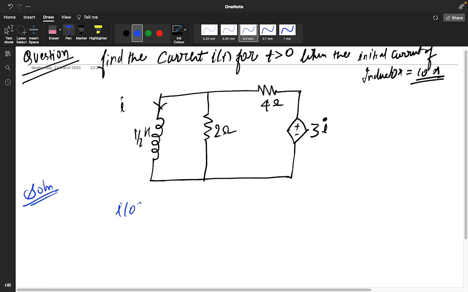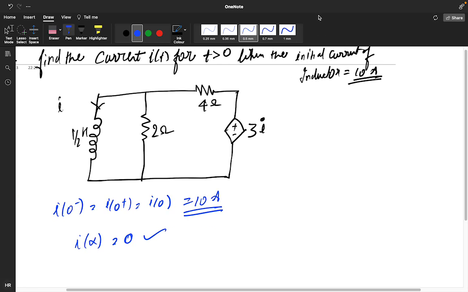I of 0 minus is equal to I of 0 plus is equal to I of 0. It's given as 10 ampere. What will happen at infinity? This inductor will completely discharge its value, right? So I of infinity will be 0.